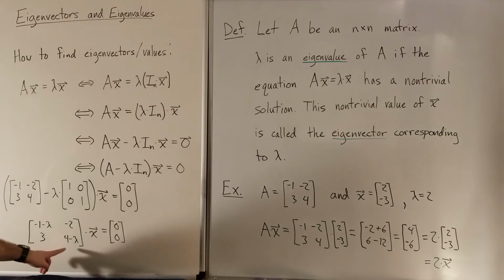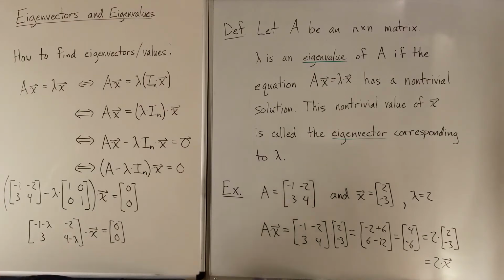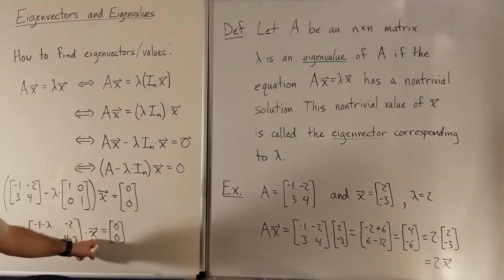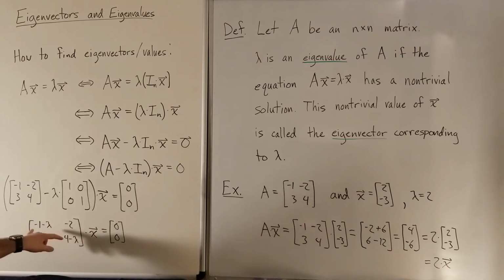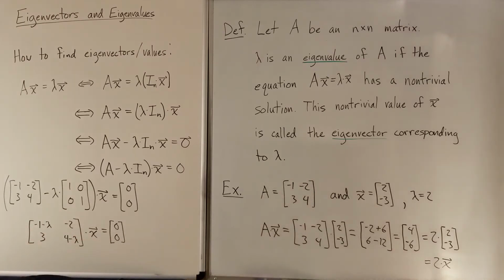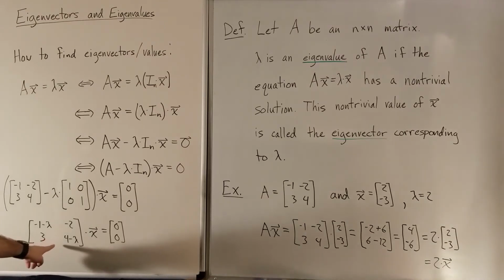And finding lambda here is the same thing as finding a matrix of this format such that I have a non-trivial solution to matrix times x equals 0. Now, you may recall that in order for this to happen, this matrix has to not be invertible.